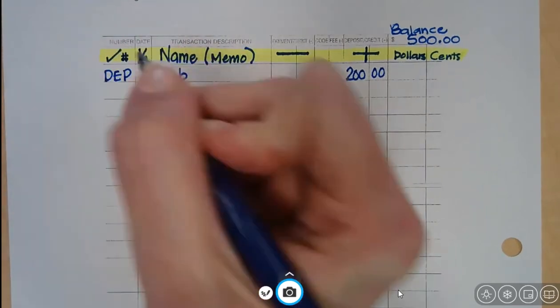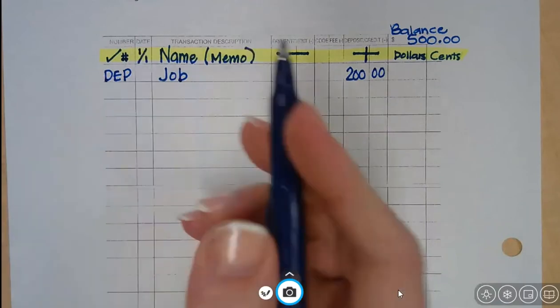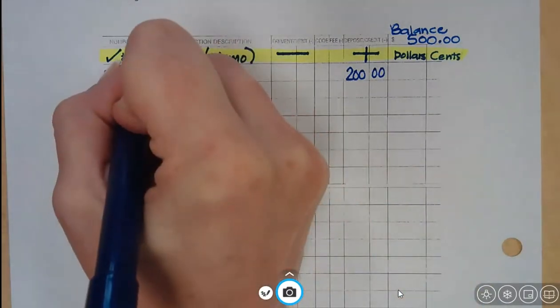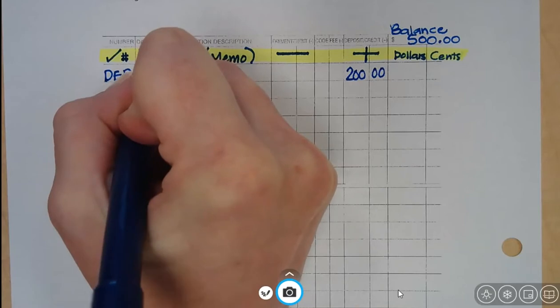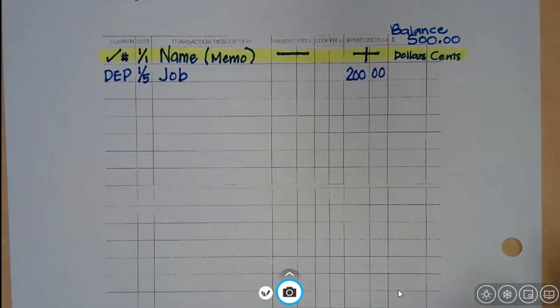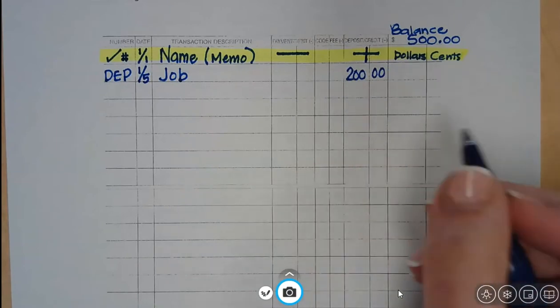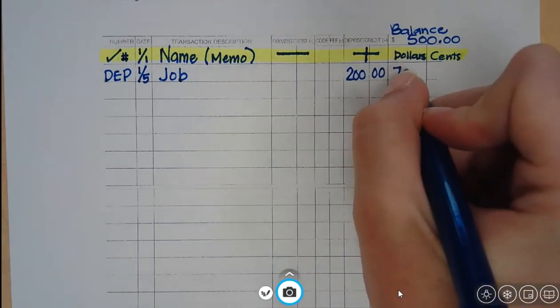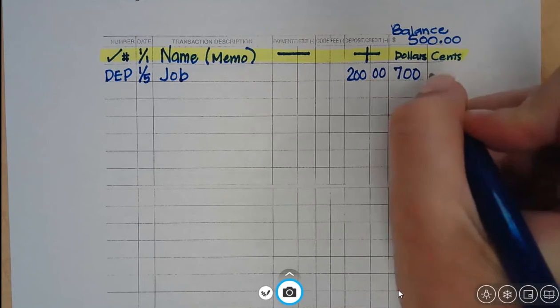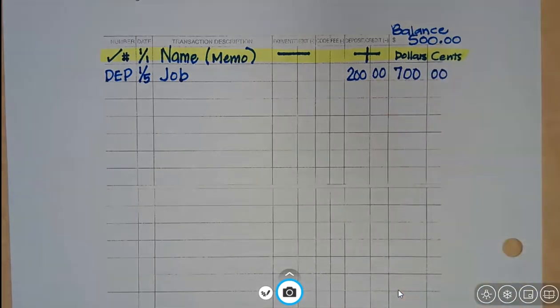Again, you could either leave it blank or we're going to write in DEP for deposit. And we're going to say that we got this check on January 5. So we're going to add the 500 plus the 200, which is $700.